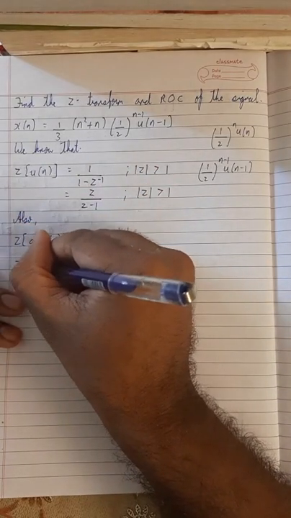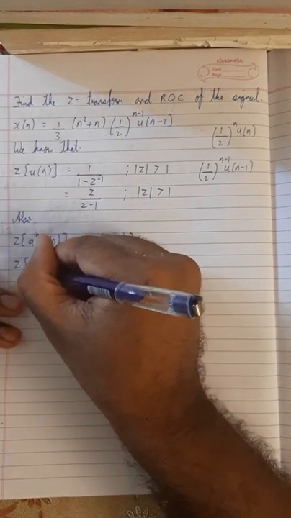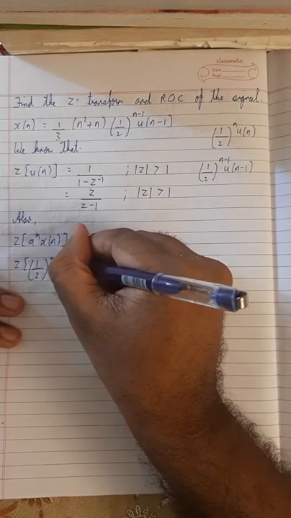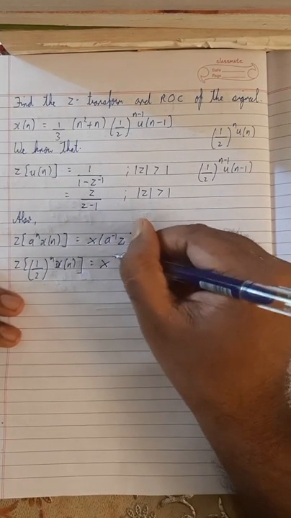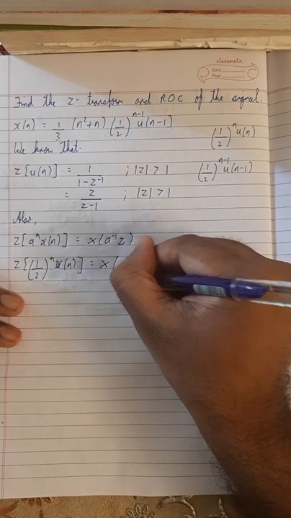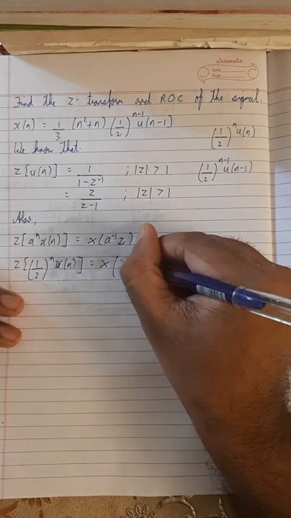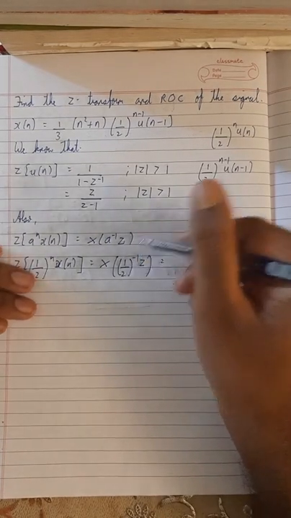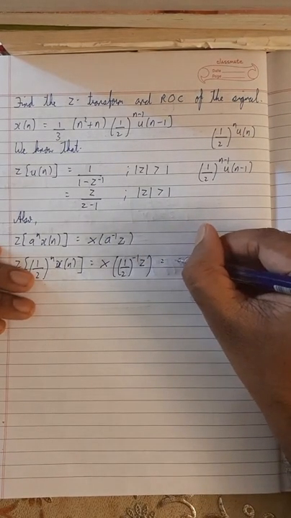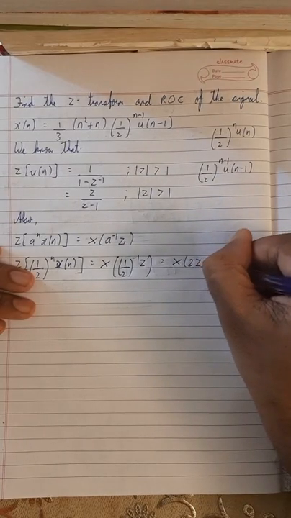In other words, the Z transform of 1 by 2 raised to n x of n is x of 1 by 2 the whole raised to inverse z, and 1 by 2 raised to minus 1 is nothing but 2, which means this is x of 2z.